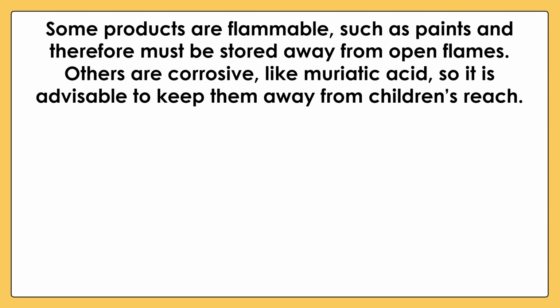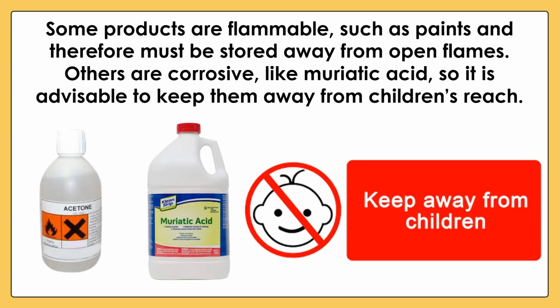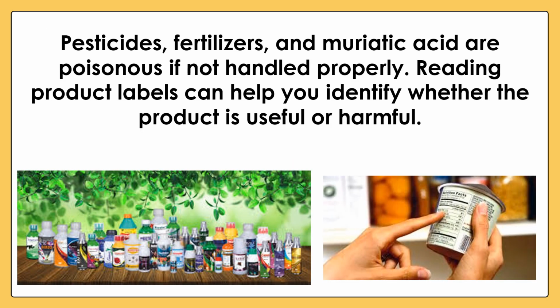Some products are flammable, such as paints, and therefore must be stored away from open flames. Others are corrosive like muriatic acid, so it is advisable to keep them away from children's reach. Pesticides, fertilizers, and muriatic acid are poisonous if not handled properly.